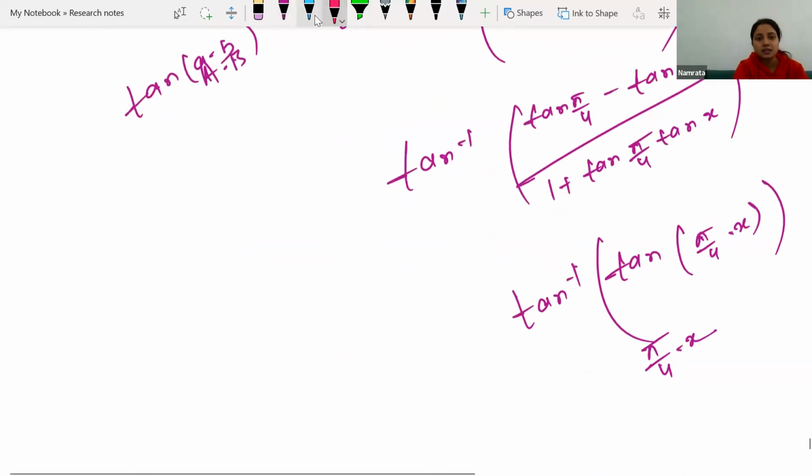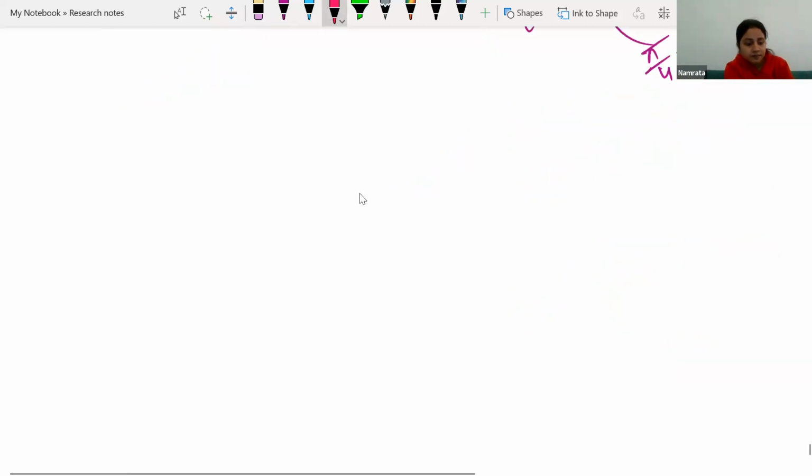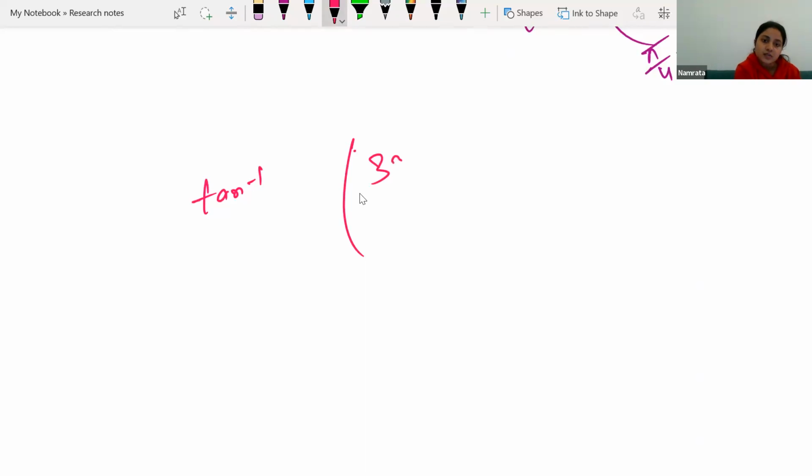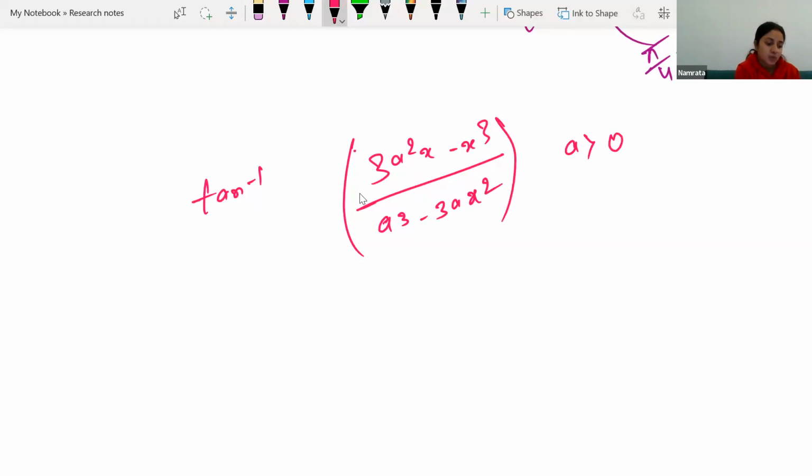Okay. Let's take, if we are having tan inverse of 3a square x minus x cube over a cube minus 3a x square, where a is greater than 0 and x lies in between minus a by root 3 to a by root 3.